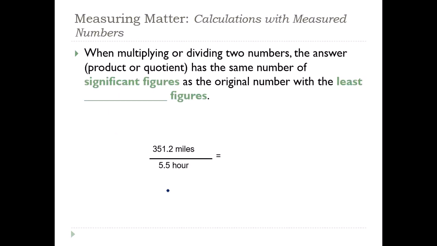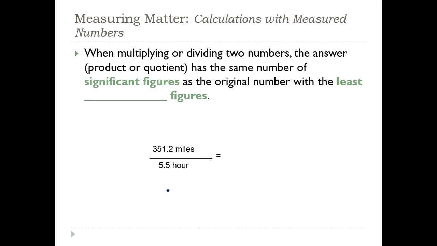Okay, and then the next thing that students love is we're going to look at how many significant figures we should report when we make calculations involving measurements or numbers.